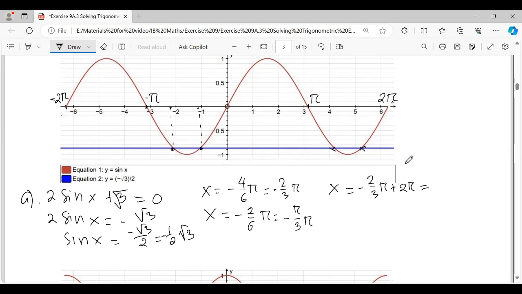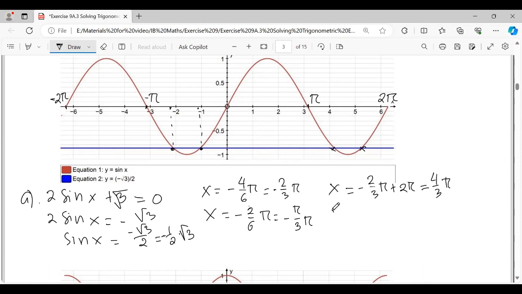It becomes 3 times 2, 6, plus 8, minus 2, 6 minus 2, 4.